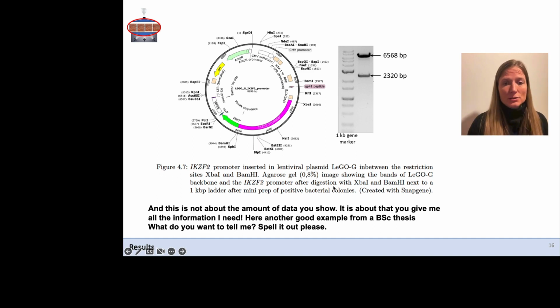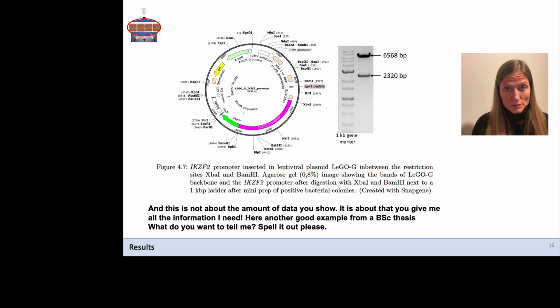The agarose gel shows the bands of the backbone and this promoter of these sizes, and I can look whether that makes sense, and that's all that I want. I would have liked maybe to not only say this is a 1 kb gene marker, but really see the sizes here. But at least I understand what the point of this figure is.